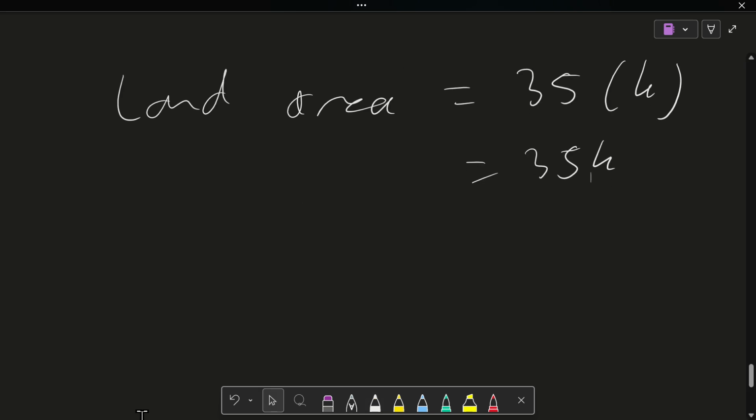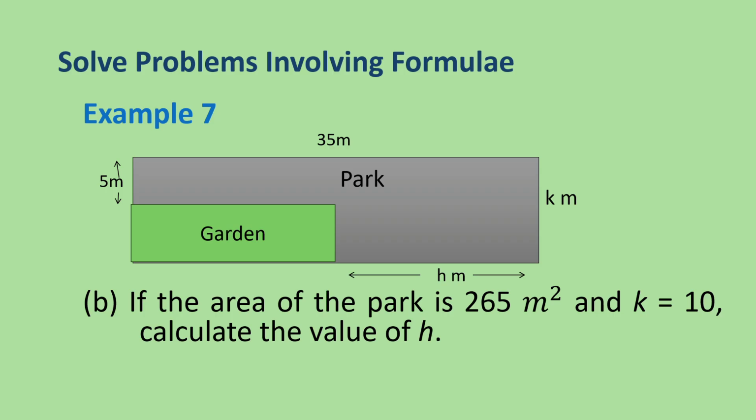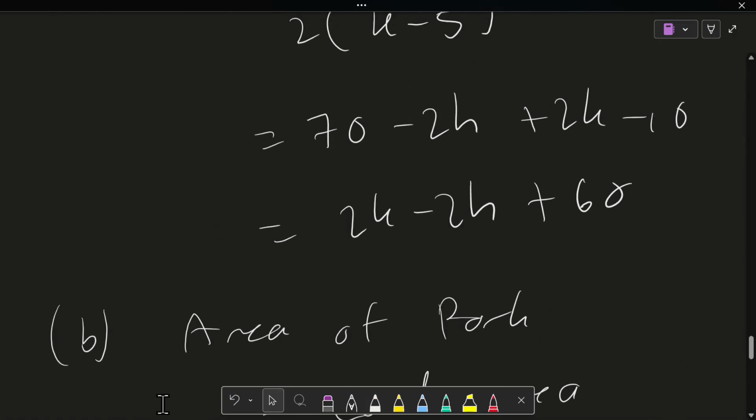And then garden area would be, we got the perimeter just now, right?